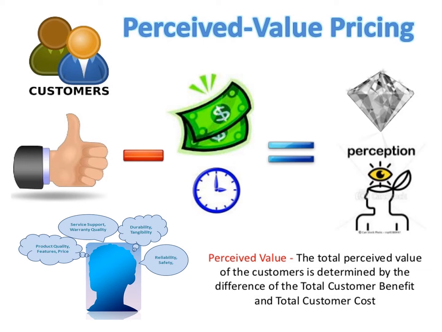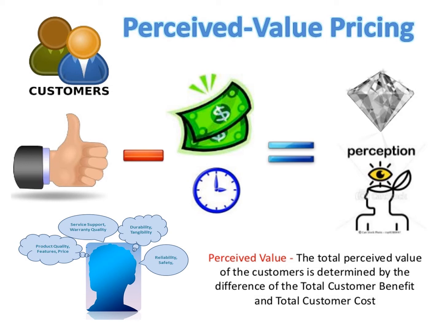So here, perceived value pricing is a method under demand based, where the seller tries to understand the customer's mind, their perceptions, tastes and preferences, and based on that they divide the different kinds of customers.